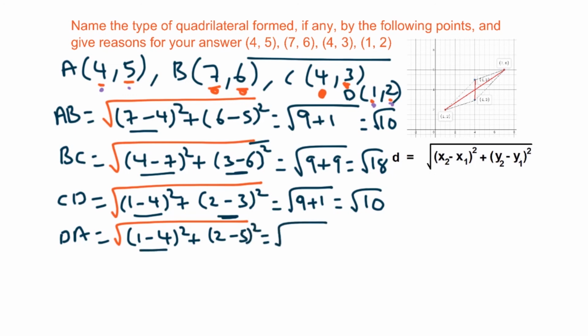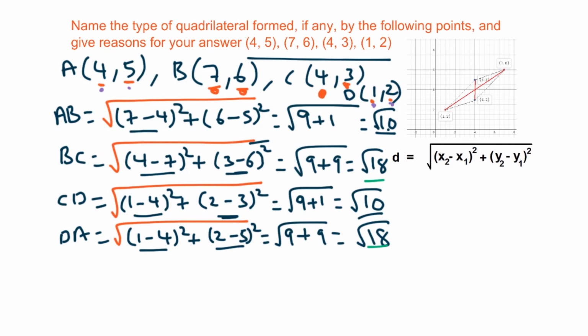Square root of 1 minus 4 is minus 3. Minus 3 square is 9. 2 minus 5 is minus 3. Minus 3 square is 9. Square root of 18. So here we can see that opposite sides are equal. Root 18 and root 18 are equal and root 10 and root 10 are equal. So this can be either a rectangle or parallelogram.